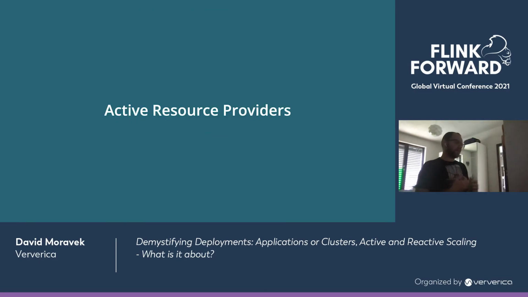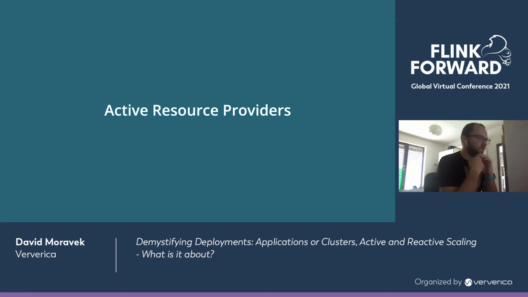So what we have discussed so far was a family of passive resource providers, right? Because we were just waiting for the new resources to become available. We have a second family of resource providers, which we call active, and it basically means that Flink can do most of the dirty work for you.